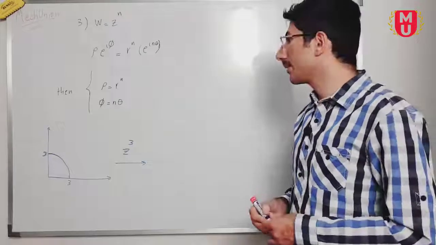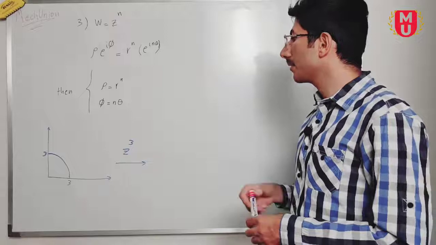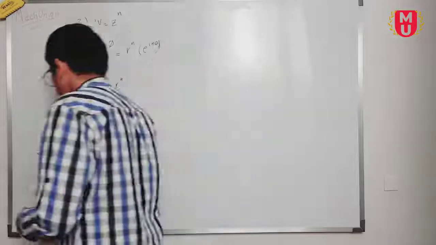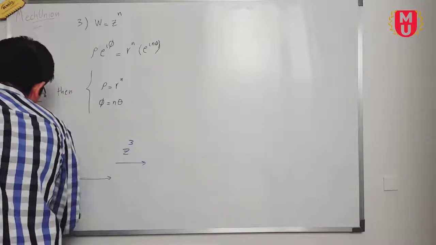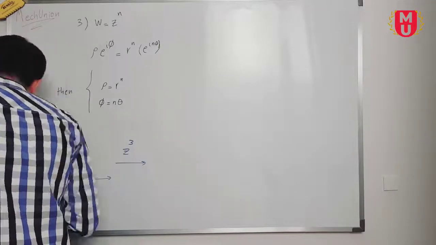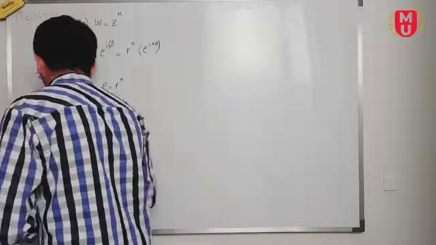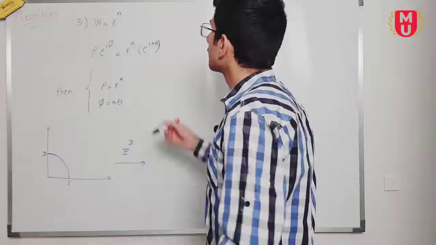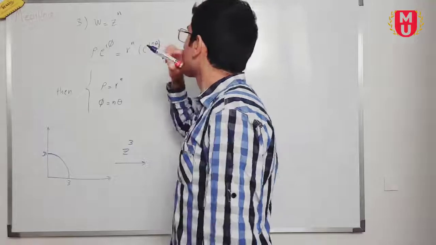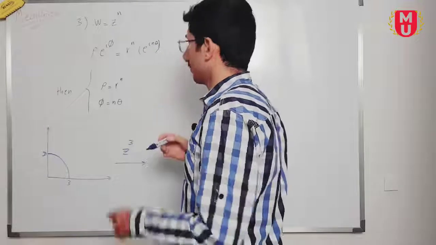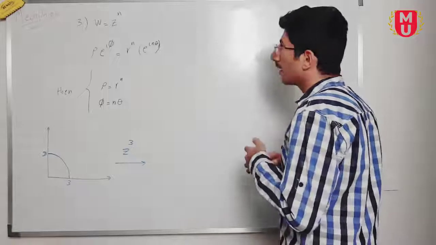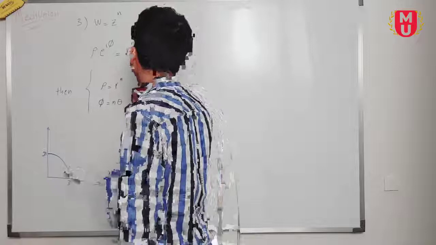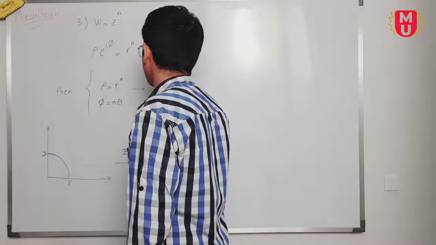Okay, as an example of this mapping, I have drawn this quarter of a circle. We want to find out what it will become under this special mapping. Okay, the radius is 3.